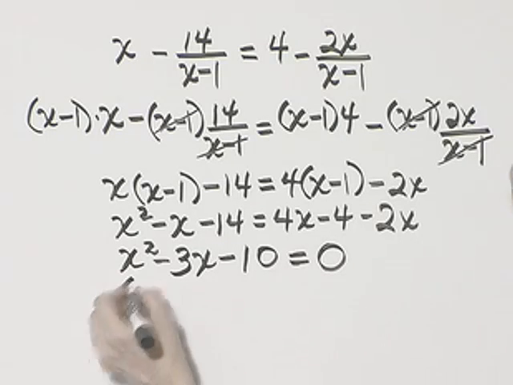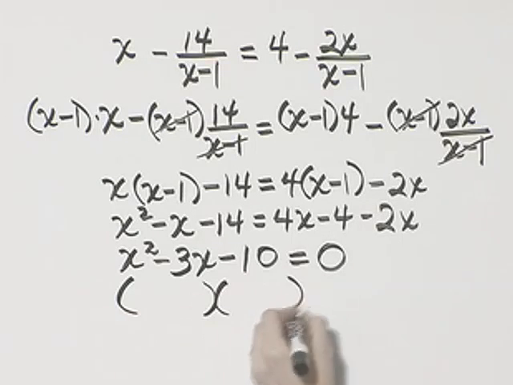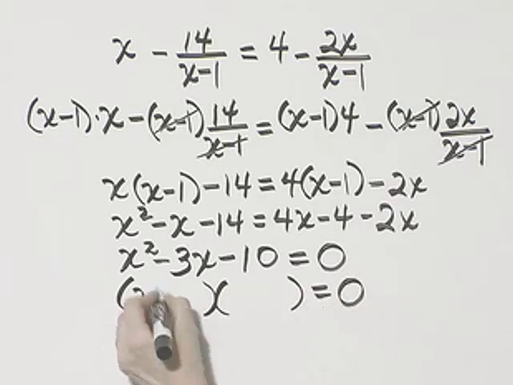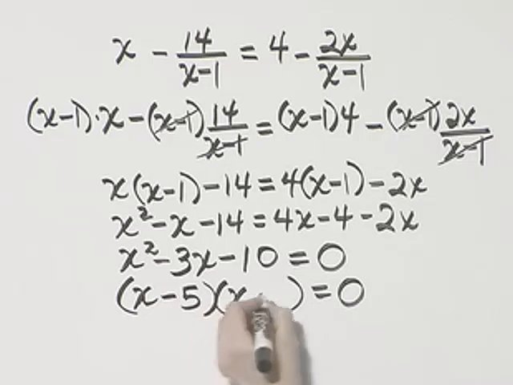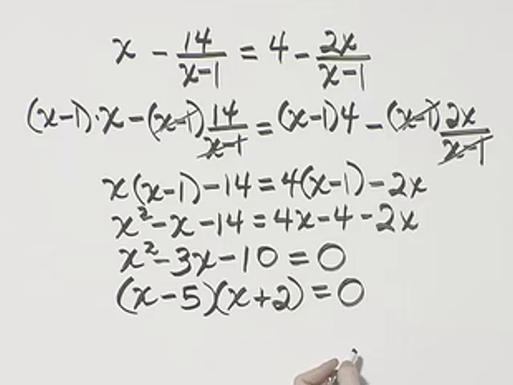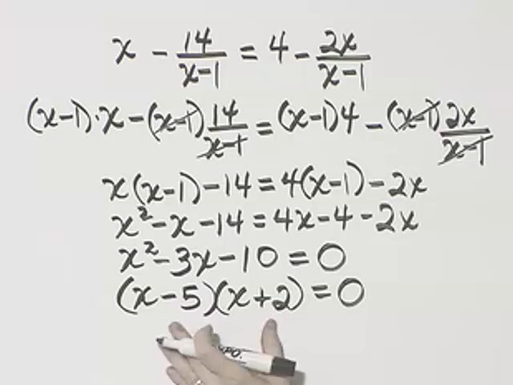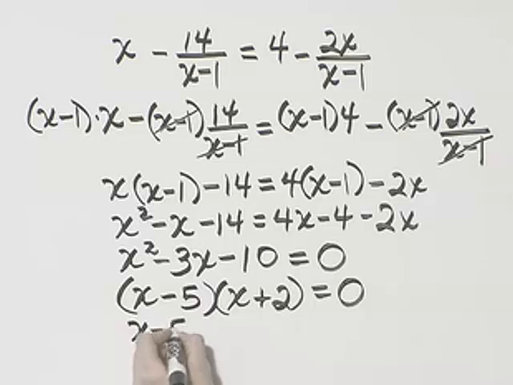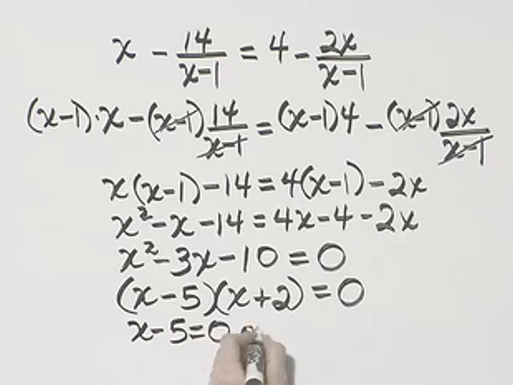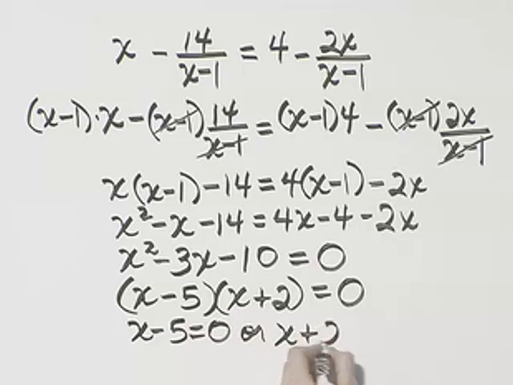Now what do I do? I factor, or I try to factor, that trinomial. I'll write x and x. Two factors of negative 10 whose sum is negative 3, that would be negative 5 and positive 2. And then remember, once we've factored on one side, we have 0 on the other side, we set each factor equal to 0: x minus 5 equals 0, or x plus 2 is equal to 0.